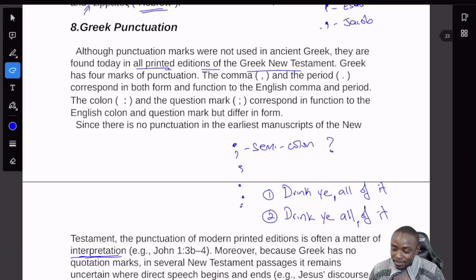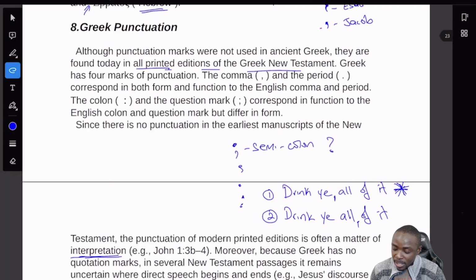Now, I hope you can see the difference. Because here, the focus in the first option, this one, the focus is on what? On the drinking, right? Drink ye, or you drink, or something like drink you.